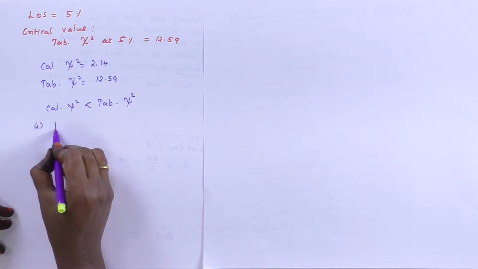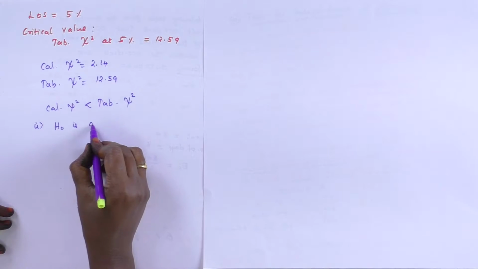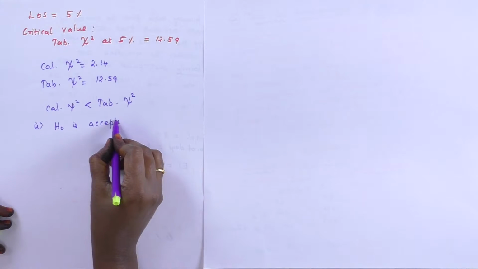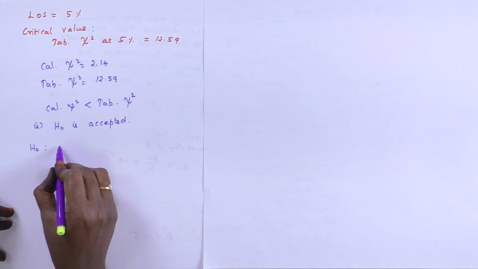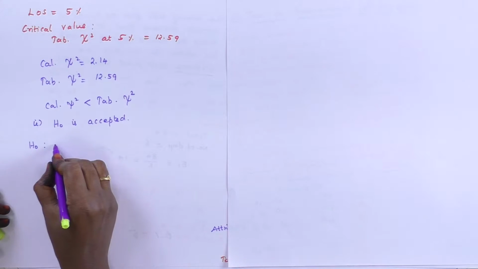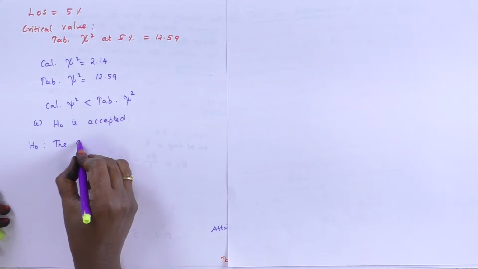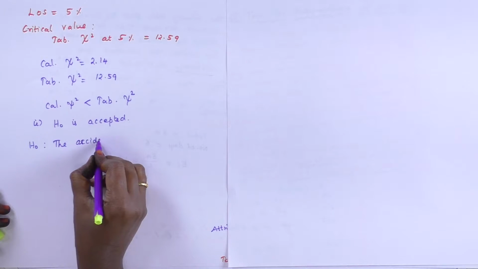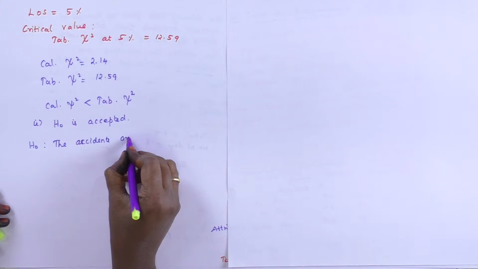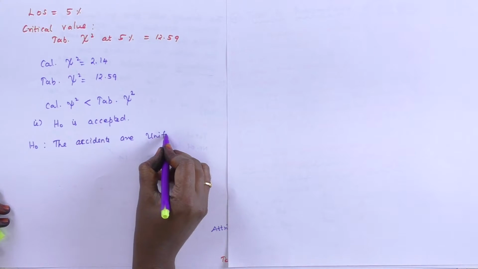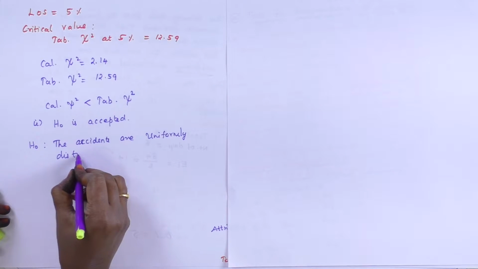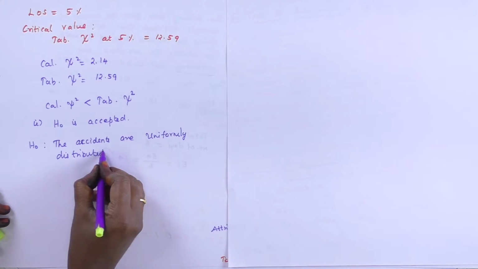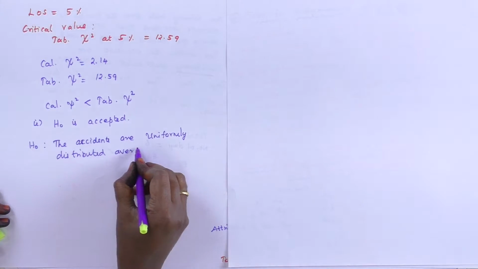That is, H0 says there is no significant difference: the accidents are uniformly distributed over the week.